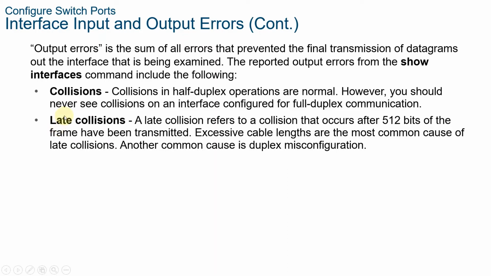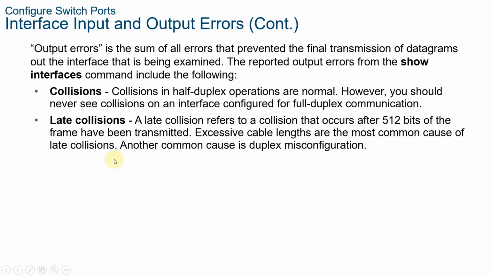Collisions in half duplex operations are normal. However, you should never see collisions on an interface configured for full duplex communication. You also have late collisions. A late collision refers to a collision that occurs after 512 bits of the frame have been transmitted. Excessive cable lengths are the most common cause of late collisions.